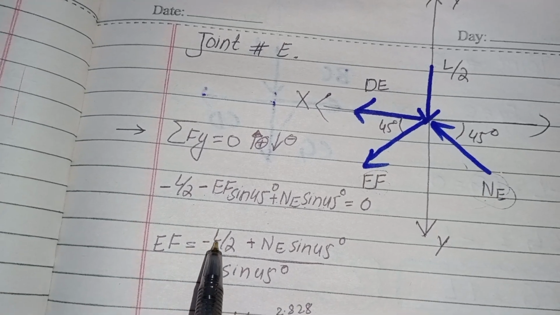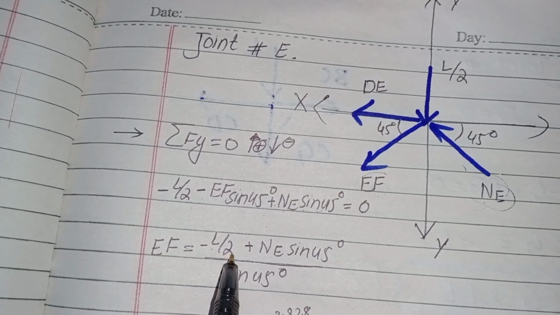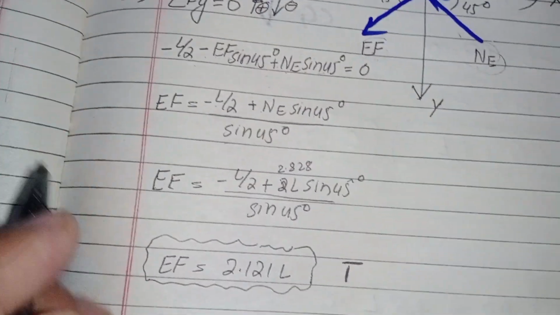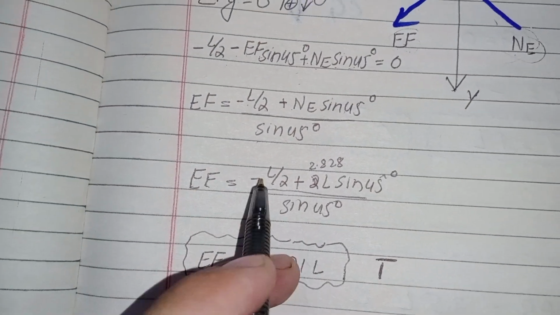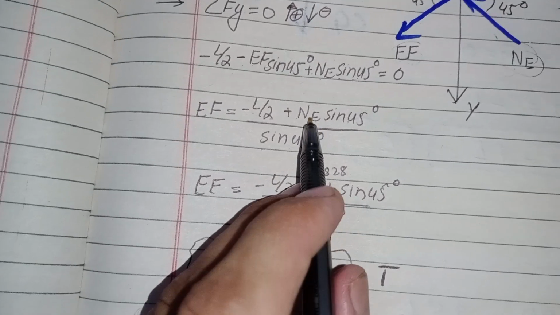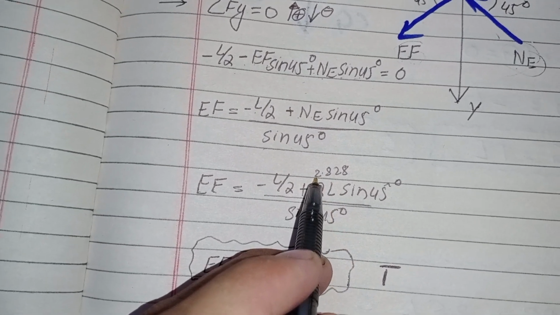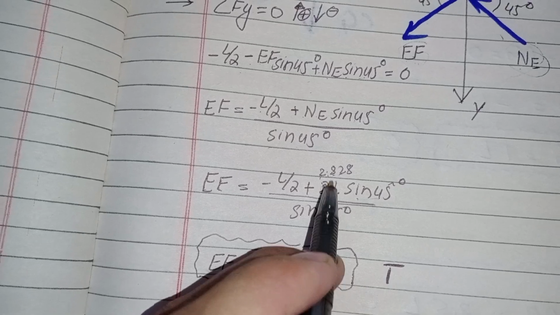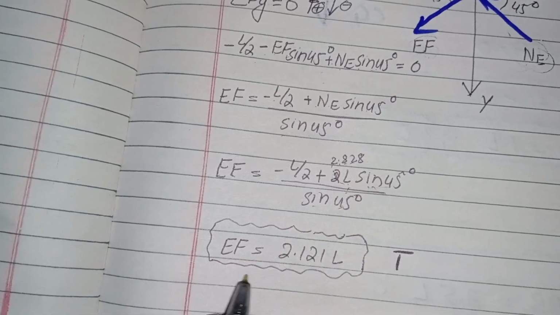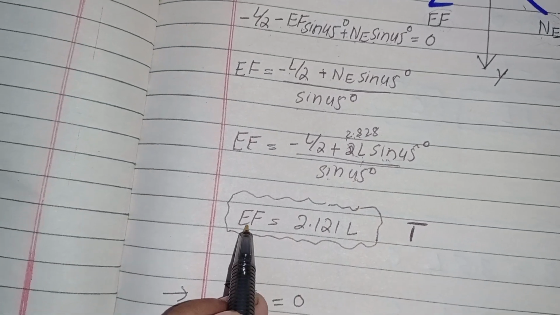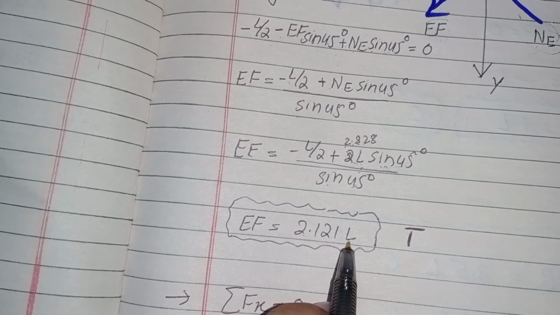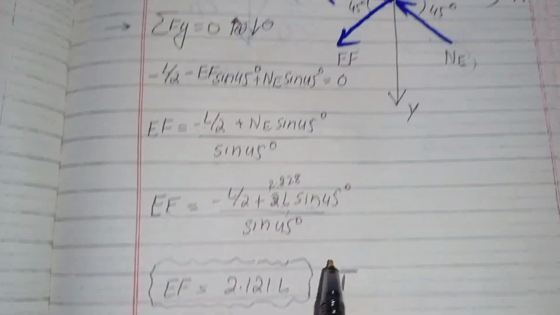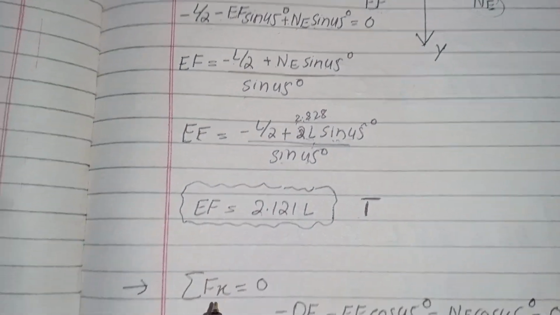So EF equals negative L divided by 2 plus NE sine 45, divided by sine 45. At the place of NE, I put its value, 2.828 L sine 45 divided by sine 45. If you calculate this, EF will become 2.121 L, which is in tension. The positive sign means my assumption was right.